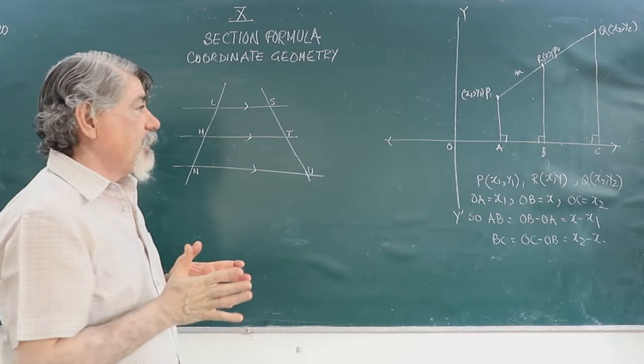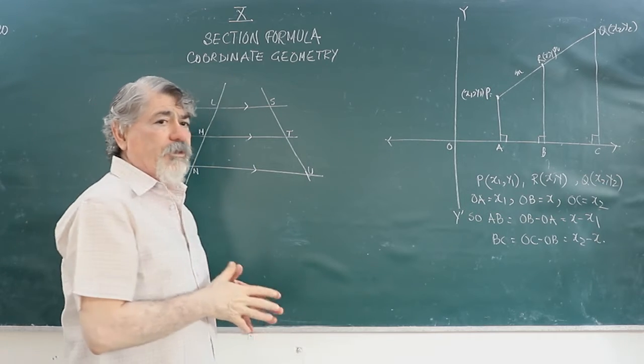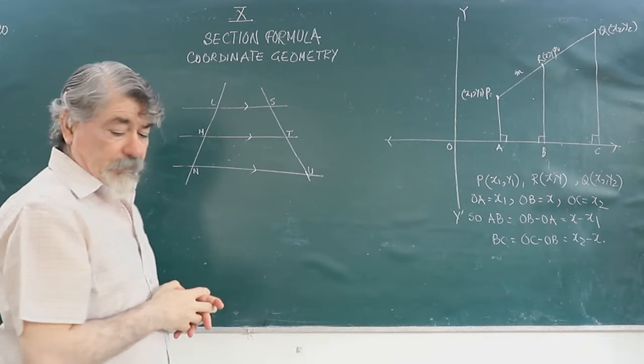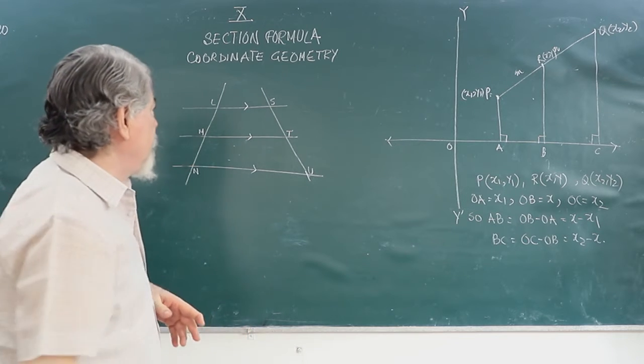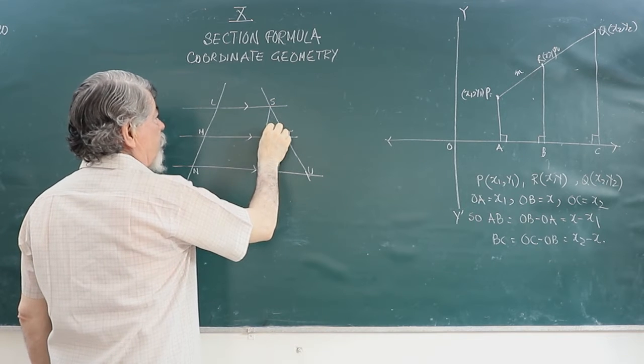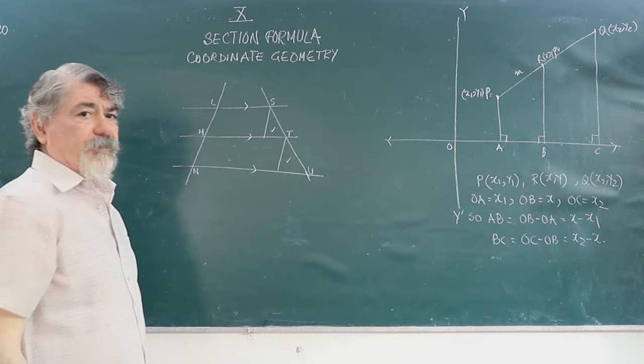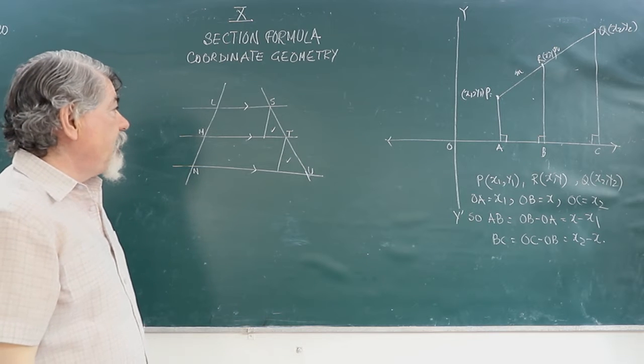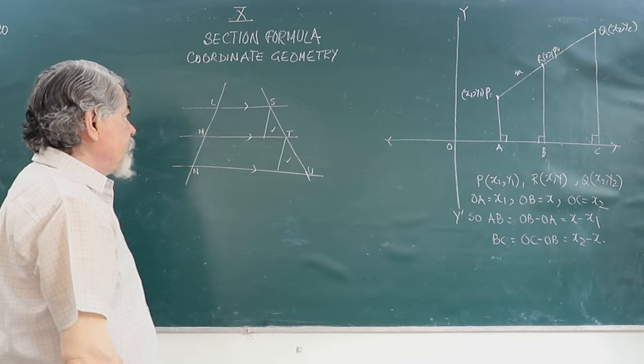Before I start, I want to recap the whole theorem once again for you. What we used to do, if you remember, is draw lines like this, and we proved these two triangles to be congruent. How did we prove them to be congruent?